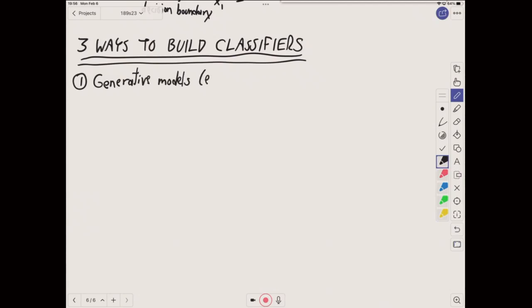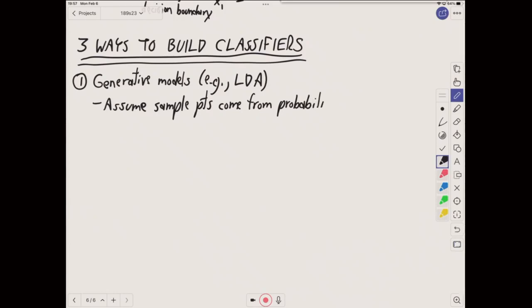An example of a generative model we will learn on Wednesday is called linear discriminant analysis. The way that generative models work is a sequence of steps. First of all, we're going to assume that the sample points, say people who have cancer, all come from some probability distribution, and the sample points, people who don't have cancer, come from a different probability distribution.